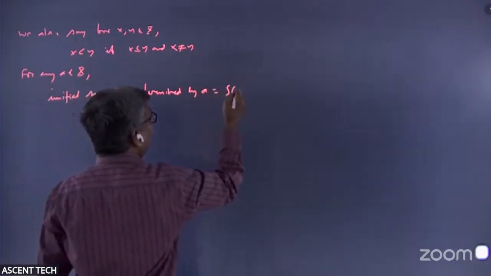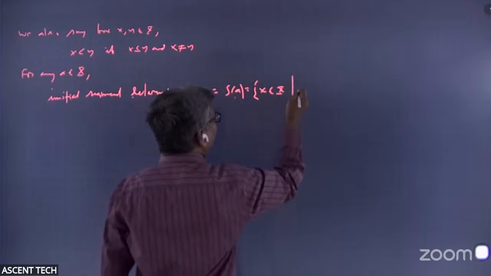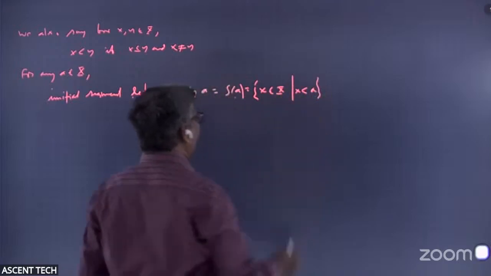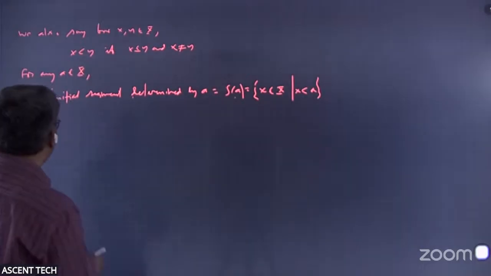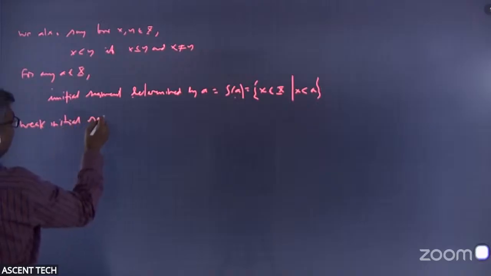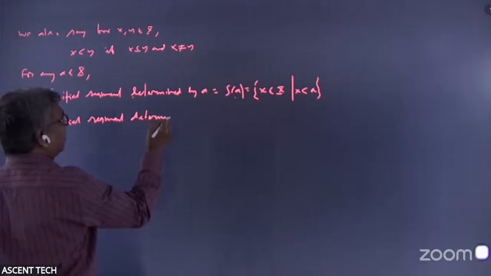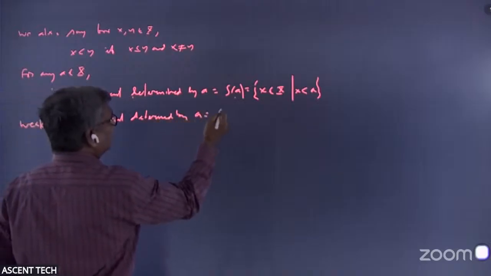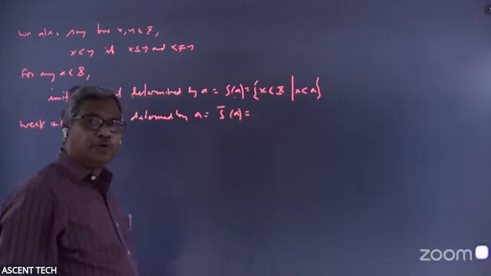S of A consists of all those x in X which are smaller than A. Well, sometimes we want to include A also. Then I say weak initial segment determined by A. Weak initial segment determined by A, I use the symbol S bar A. Nothing to do with the closure and so on.